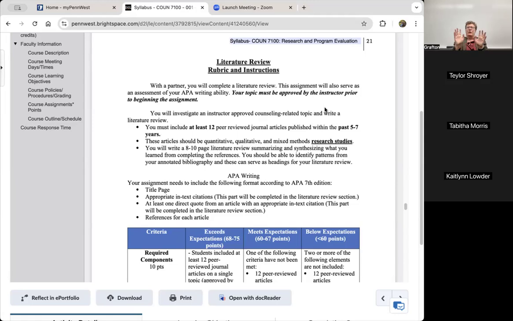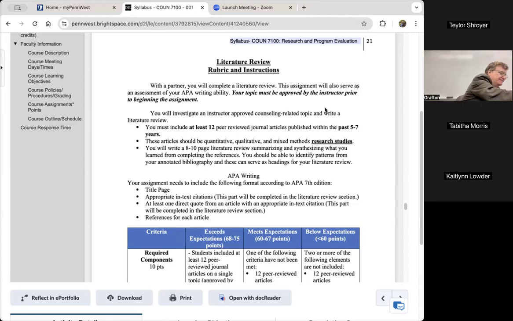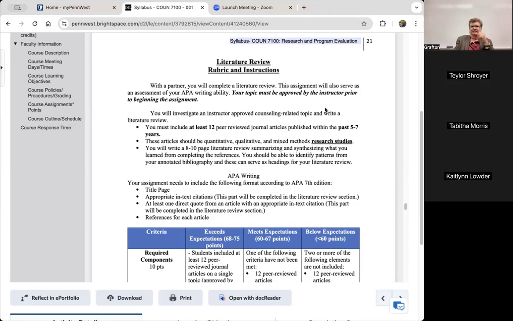So, all right, questions about references, or what you need to include on the reference page? Yeah, Taylor, just speak up. Not a question about the references, but when you say something's due next week, is that just Sunday?